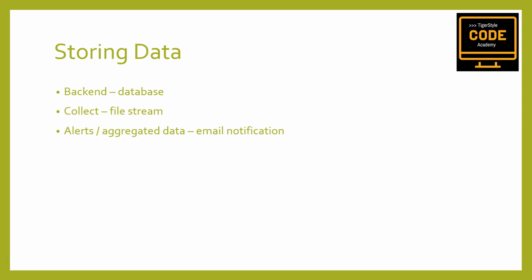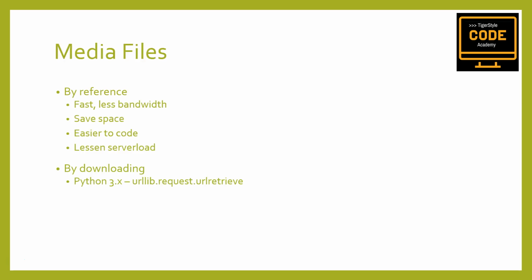So let's talk about media files. There are two main ways to store media files: by reference and by downloading the file itself. You can store a file by reference simply by storing the URL that the file is located at. This has several advantages. Scrapers run much faster and require much less bandwidth when they don't have to download files.